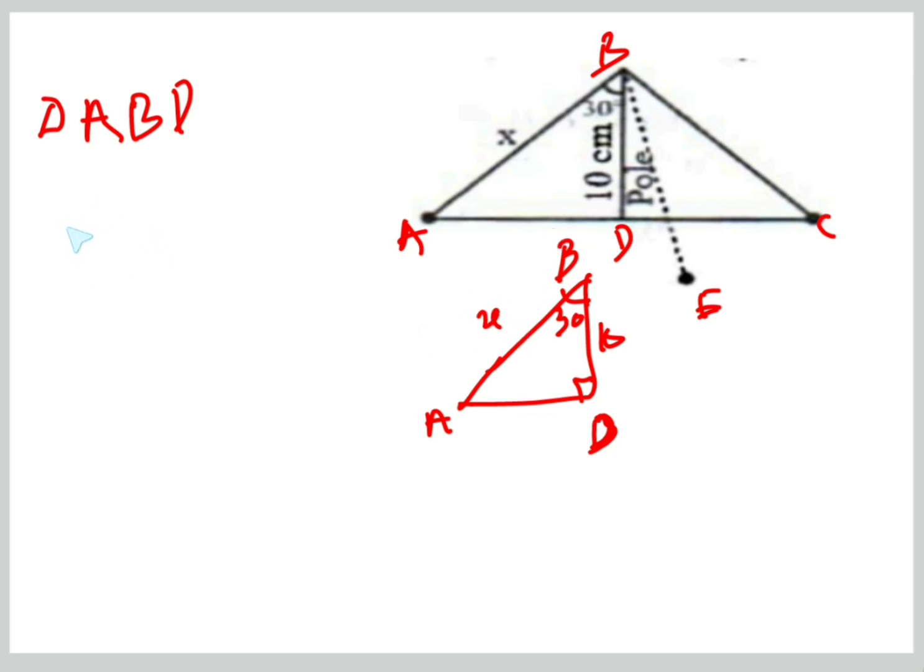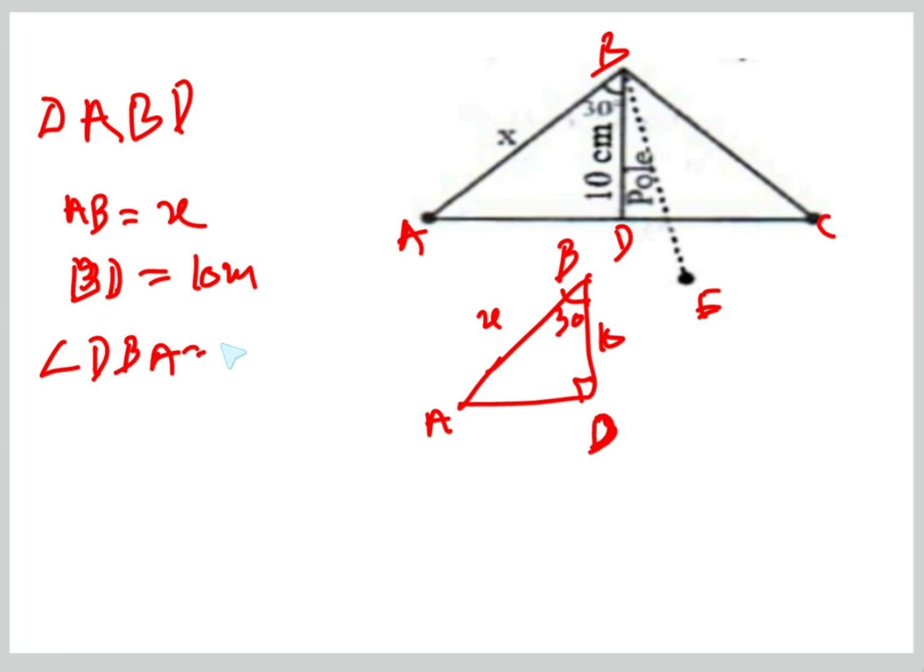We know that from this ABD triangle, where AB is equal to X meters and BD is equal to 10 meters and angle DBA is equal to 30 degrees.